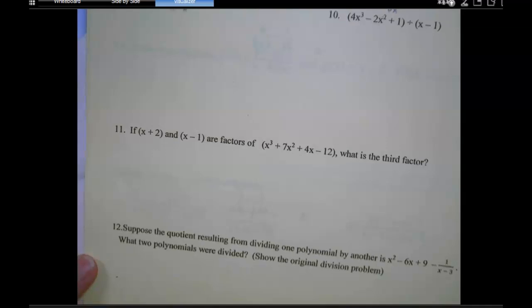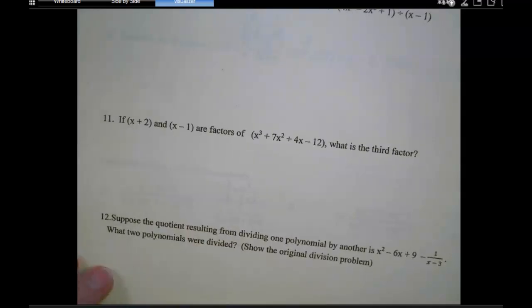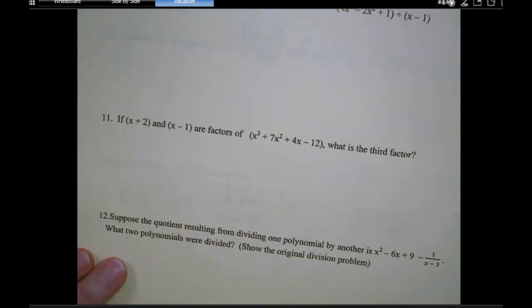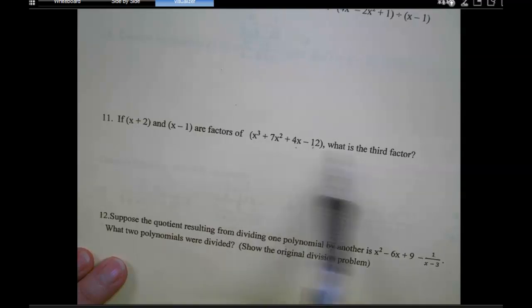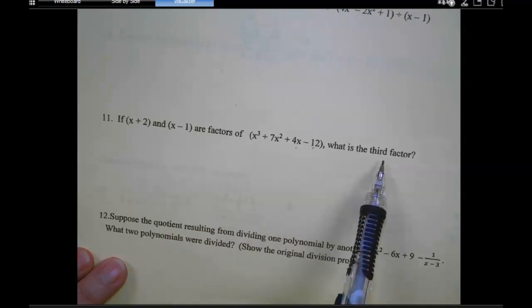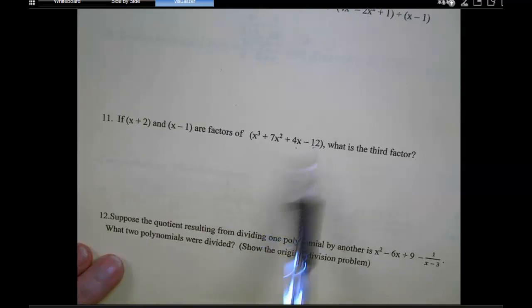So let's look at number 11. I will do a little bit of synthetic division for you. It says if x plus 2 and x minus 1 are factors of x to the third plus 7x squared plus 4x minus 12, what is the third factor? Okay. So, when I look at this, if it's a factor, y'all, what's the remainder?